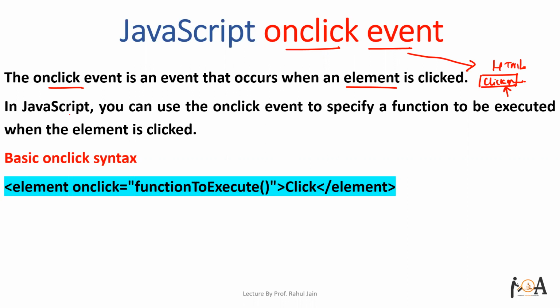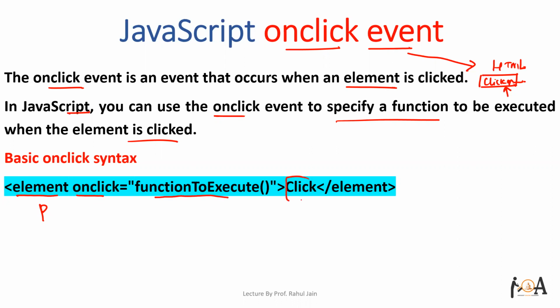right? So in JavaScript, you can use the onClick event to specify a function to be executed when the element is clicked, correct? Now, the basic syntax is that we need to select an element. It may be a paragraph, it may be a heading, it may be anything. We can create a button also. And on that particular button or paragraph, whatever element we are selecting, this function will be executed.